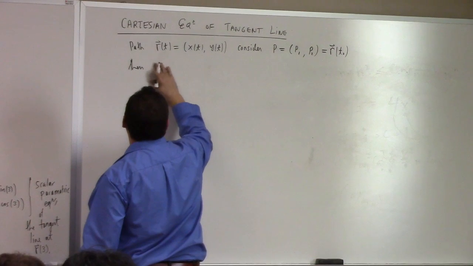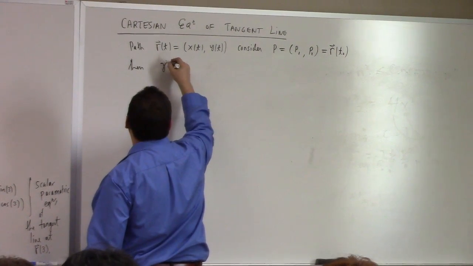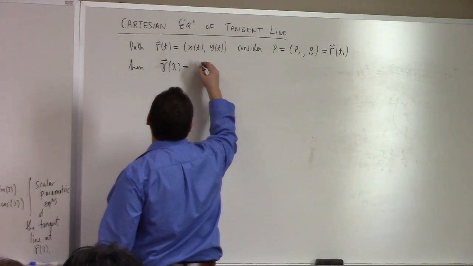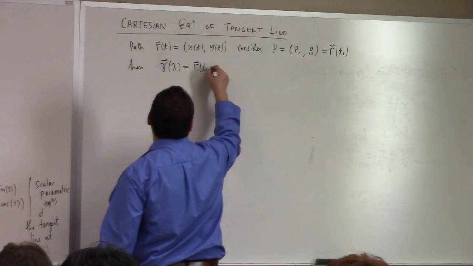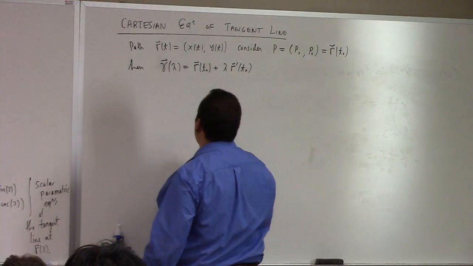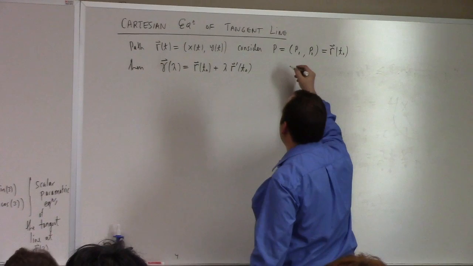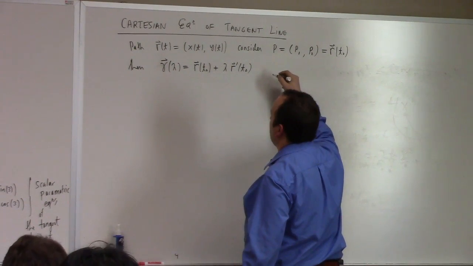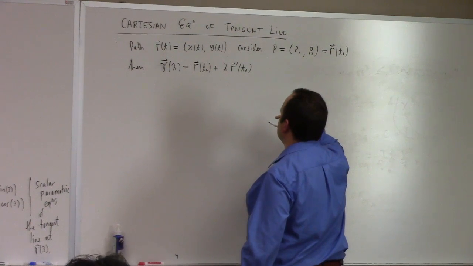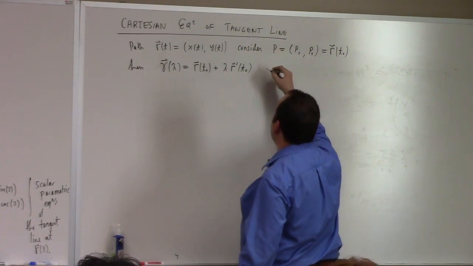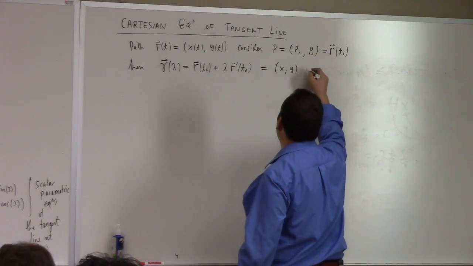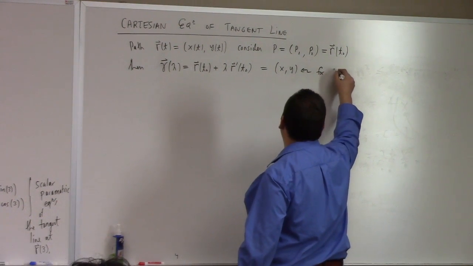Then, as we just discussed, gamma of lambda would be r of t naught plus lambda times r prime of t naught. This would be the parameterization of the tangent line by definition. So this is really the x and the y for the tangent line.